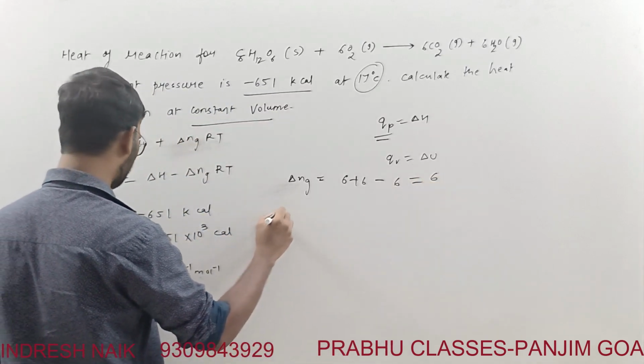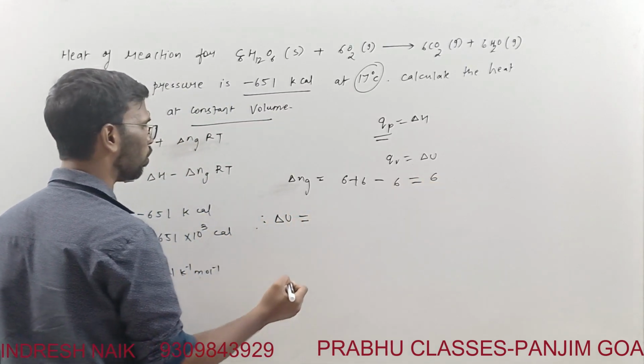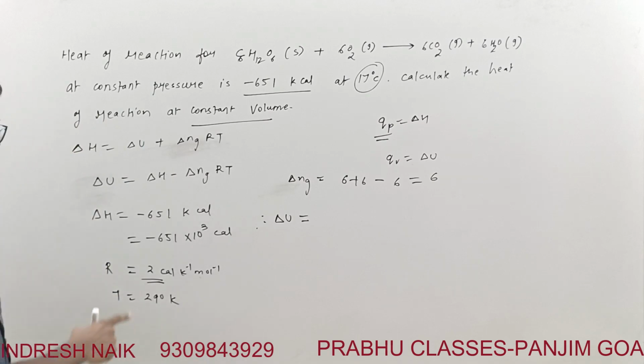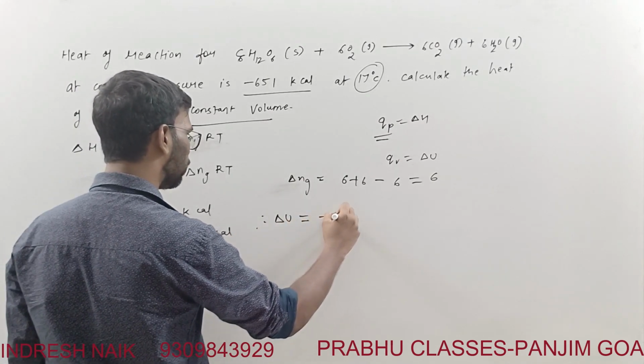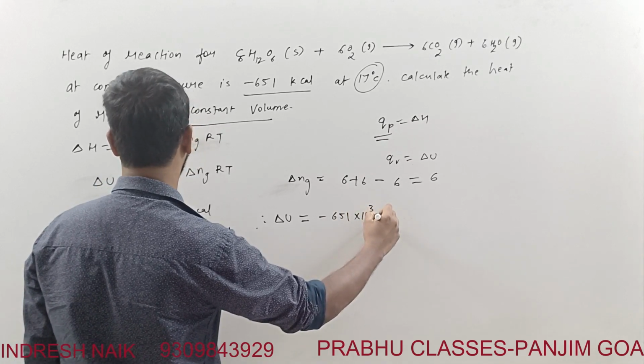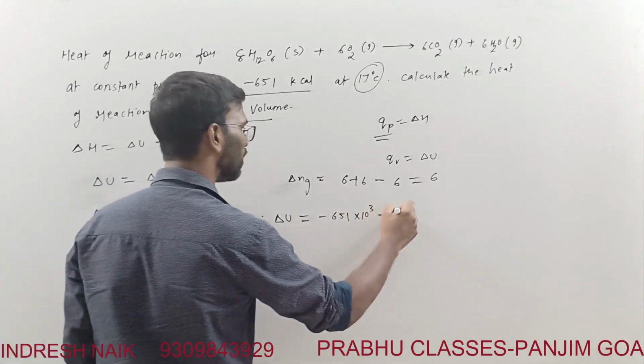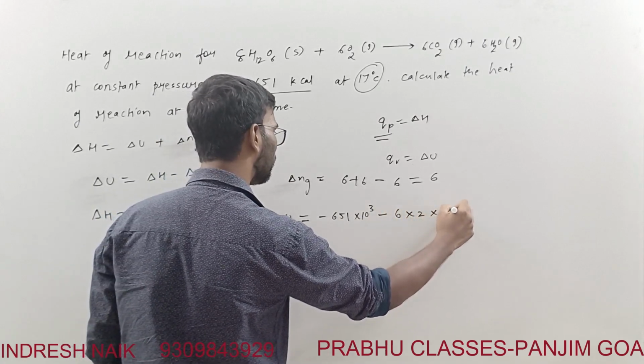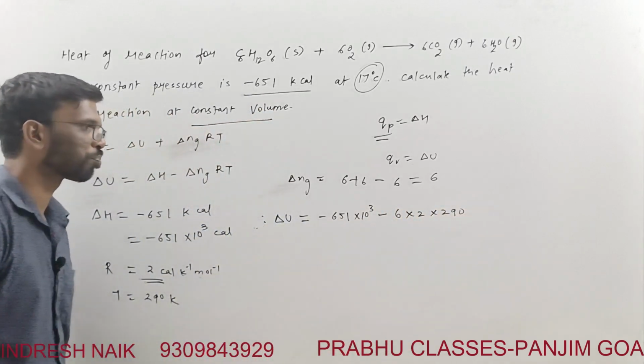So therefore delta U will be equal to, write this, minus 651 into 10 raised to 3 minus delta Ng, which is 6, R is 2, and this is 290.